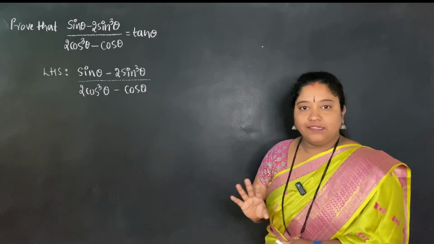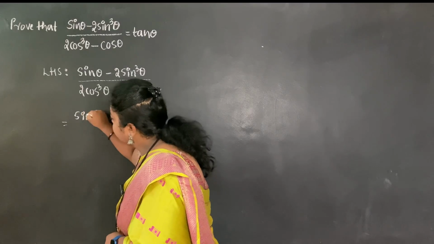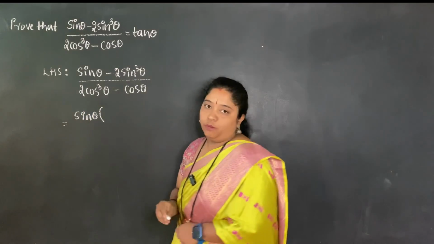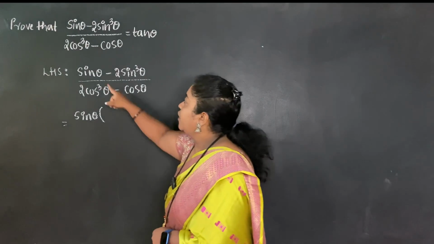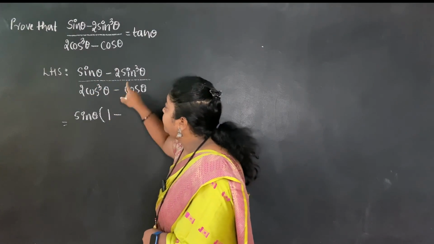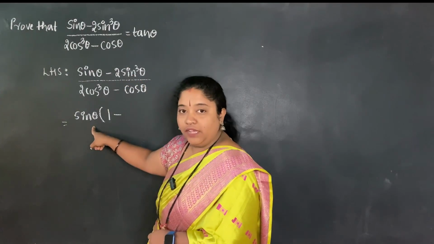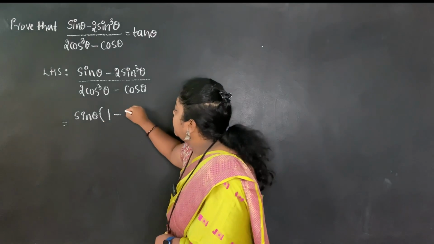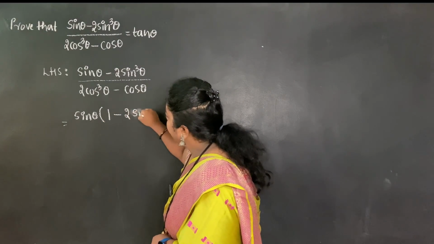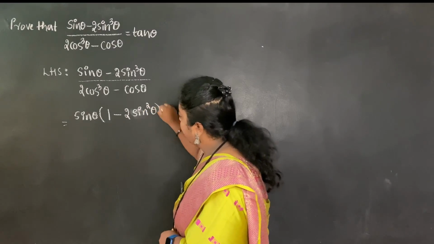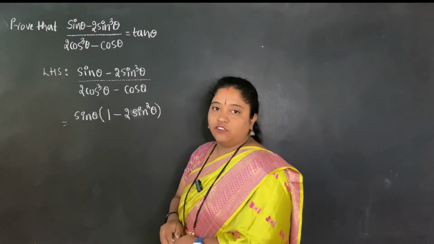Whatever decision comes to your mind by looking at the question, try to apply that decision to the question. Understood? So now I will take sine theta common from the numerator. If I take sine theta common from the numerator, what is going to happen here? I left 1 here, sine cube has 3 sines, I have taken 1, I have left 2 over there, so I'll have 1 minus 2 sine square theta. Sine theta into bracket 1 minus 2 sine square theta.